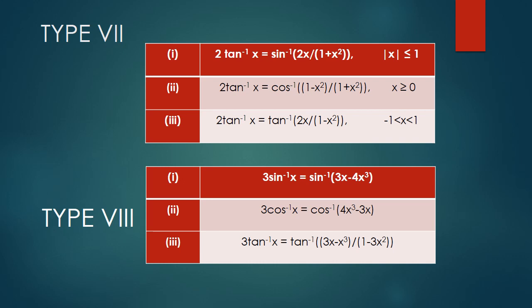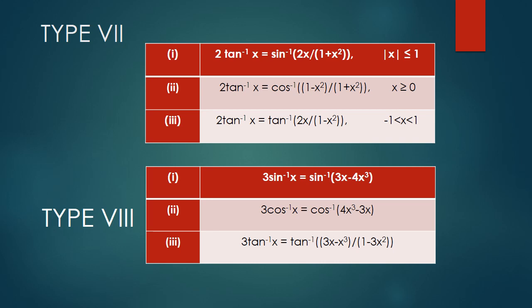Seventh type of formula is one in which 2 tan inverse x can be converted into the form of sine inverse, cos inverse, or tan inverse. First part, 2 tan inverse x is equal to, in the form of sine inverse, sine inverse of 2x upon 1 plus x square.